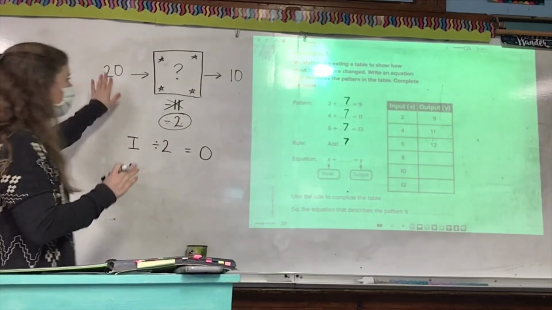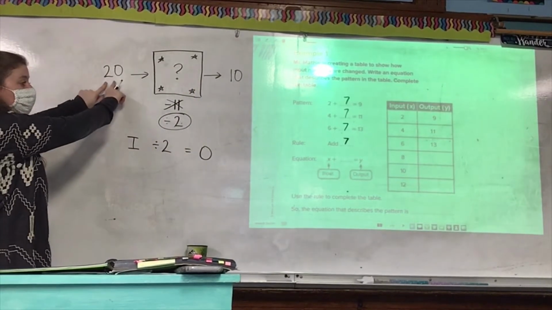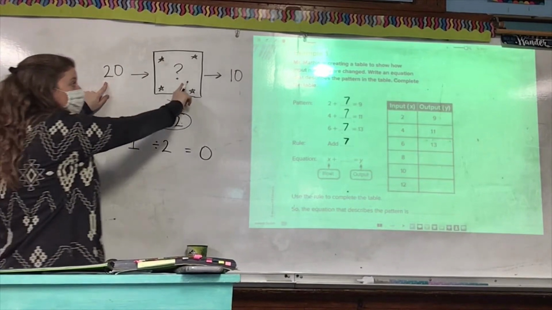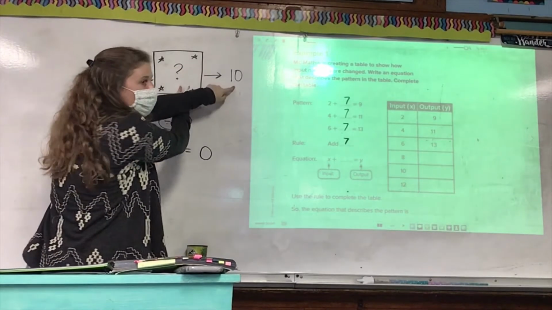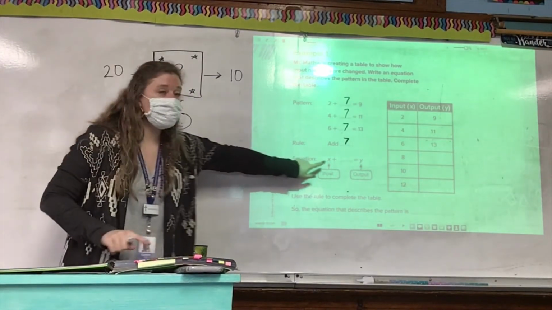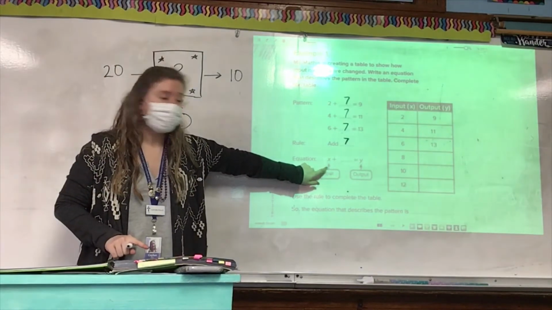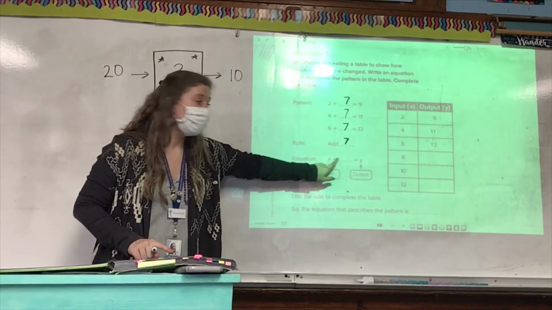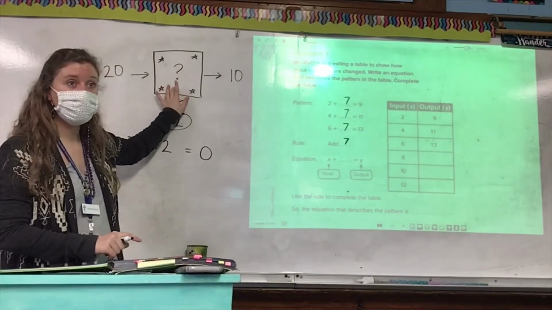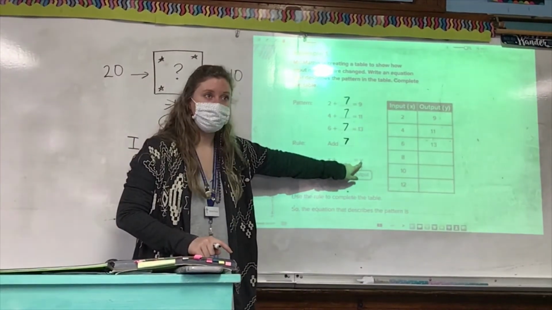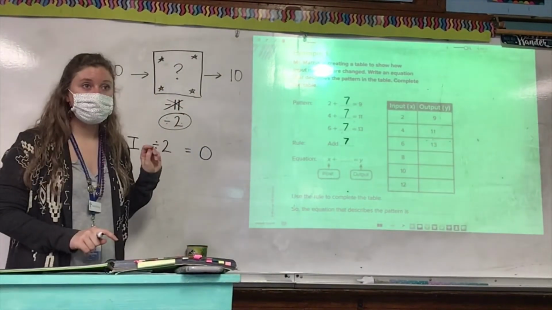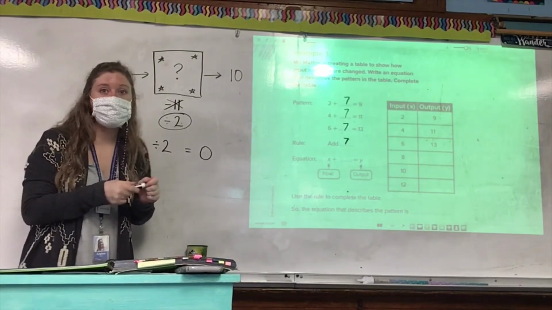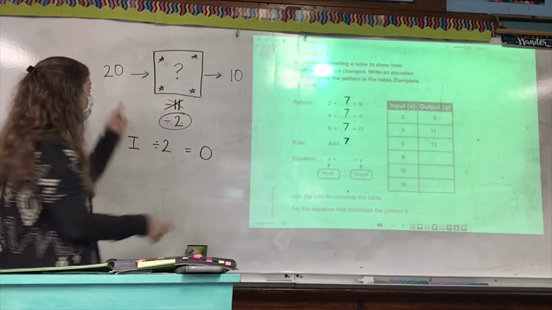Remember, when we did our function machine earlier, we had our input, and then our function machine, and then our output. Equations work in the same order. We have input variable, rule, output variable, what comes out. So the equation is set up the same way as our function machine.